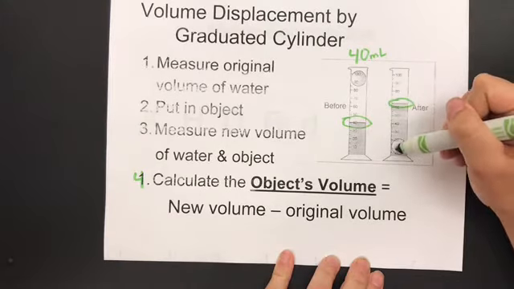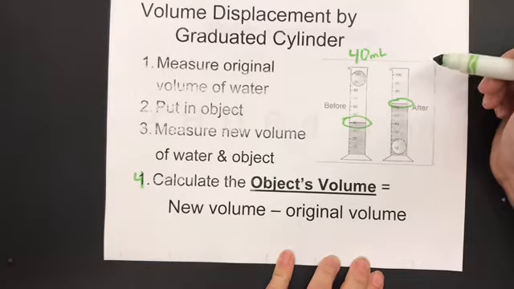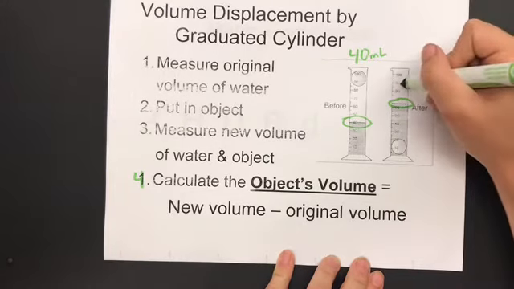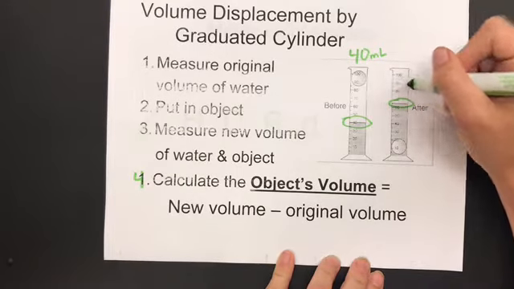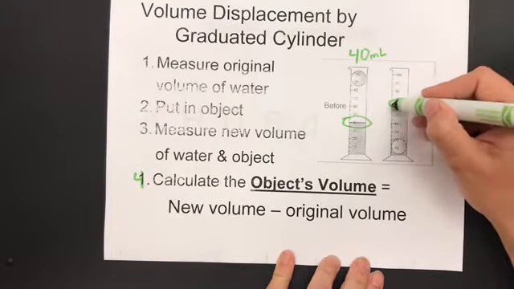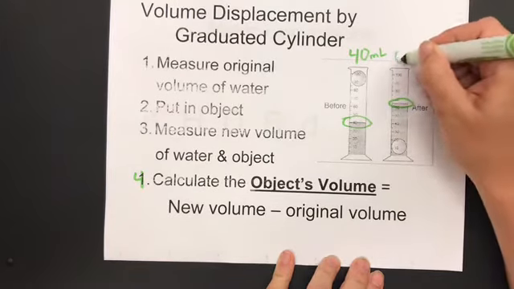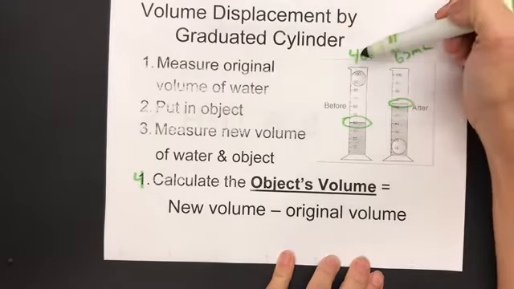Now the tick marks, you see it going 10, the little tick 20, little tick 30, and so forth. Every tick mark you've got to be able to figure out what it is as well. So for example, if this is 90 and that's 100, this tick mark has to be 95. So here you have 60, a tick mark, and then 70. That means this tick mark is 65 milliliters. Okay, so step 1, original volume.